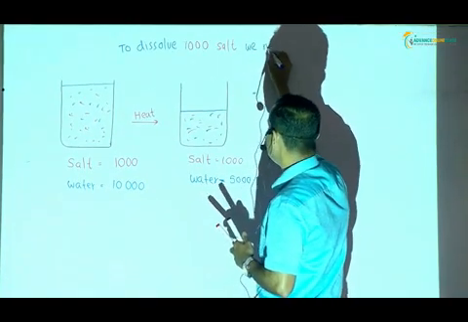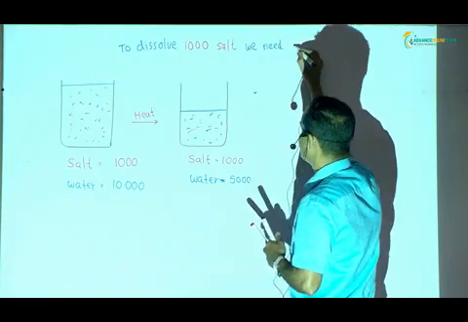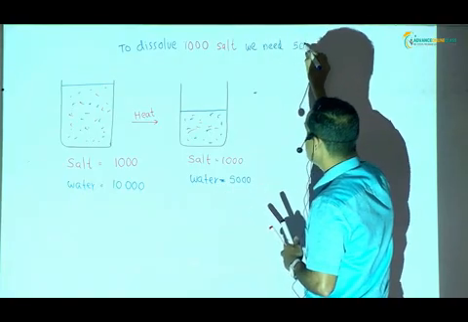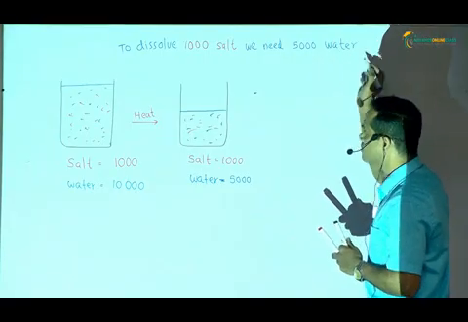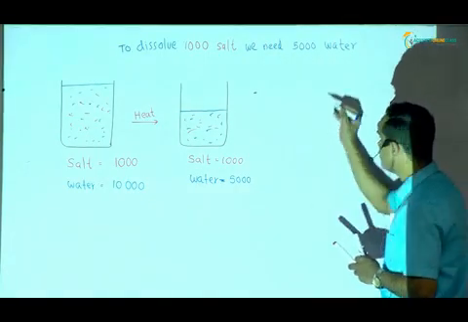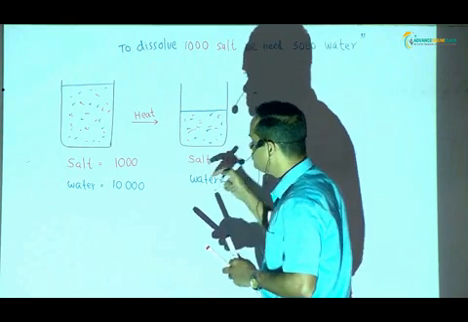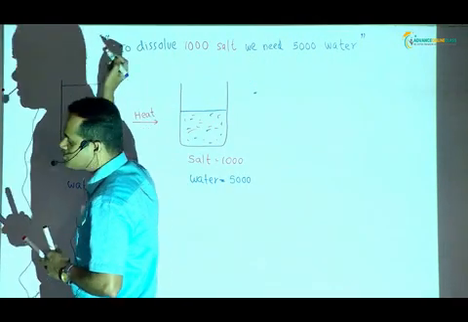Just assume to dissolve 1000 salt we need 5,000 water. Now 5,000 water is there and salt is 1000.